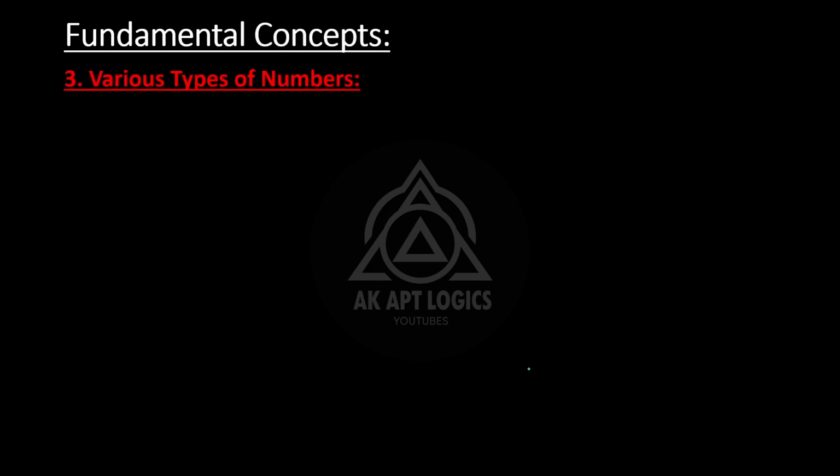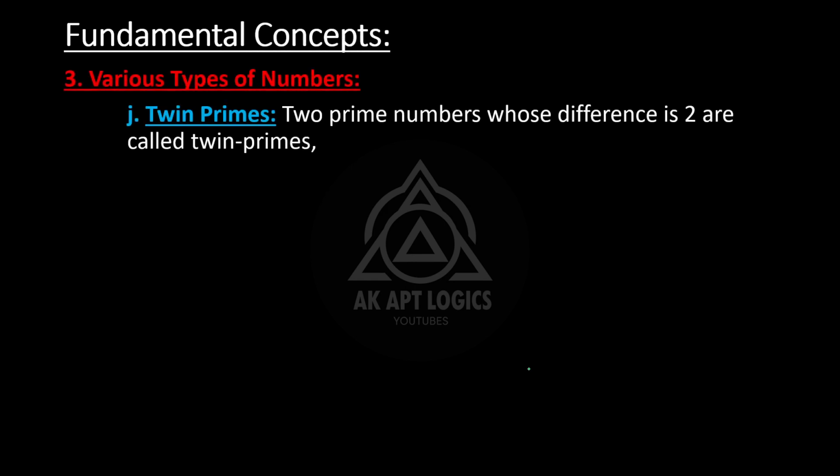Next, various types of numbers: twin primes. Two prime numbers whose difference is 2 are called twin primes. This is about prime numbers only, whereas co-primes cover all numbers.